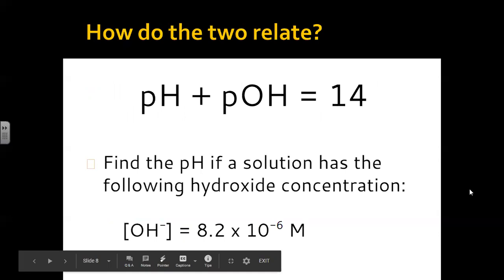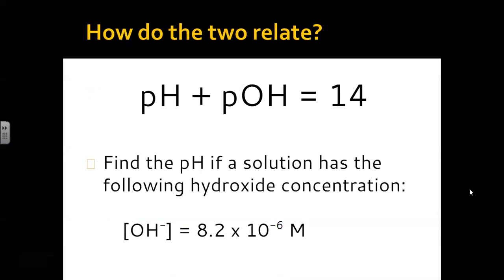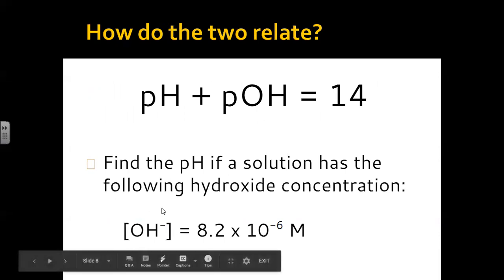pOH and pH are directly related to one another in the sense that pH plus pOH equals 14. So if I wanted to find the pH of a solution with this hydroxide concentration, I'm going to have to go through a couple of steps, because doing the negative log of this number is not going to give me pH, it's going to give me pOH.